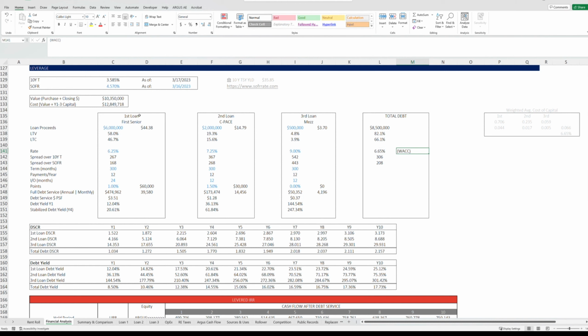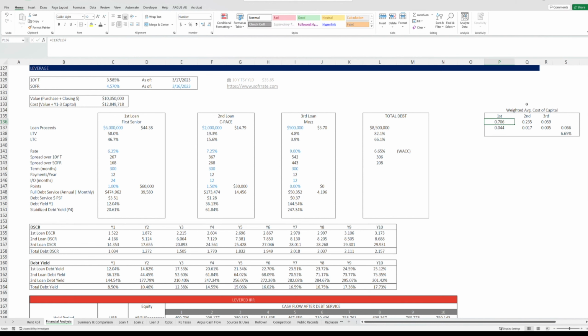Now, the way to do weighted average cost of capital, I know I'm getting into the weeds a little bit here, but I've created a kind of helper set of cells over here. I'm going to make these black so y'all can see them better. Essentially, we're taking each loan amount divided by the total amount of debt. So in this case, $6 million divided by $8.5 million.